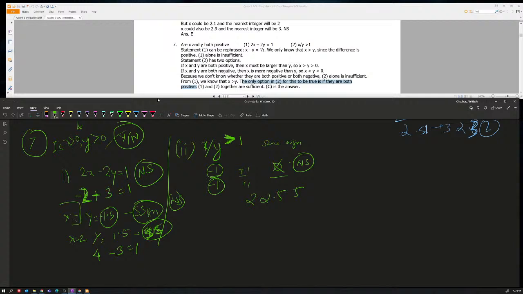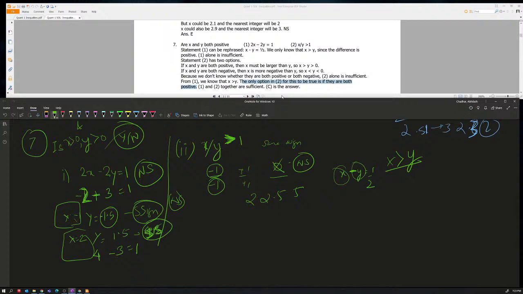Here x is greater than y, and here also x is greater than y. How did they get that? They got it by making it x minus y is equal to half, and since the difference is positive, x will always be greater than y. Right, simple.